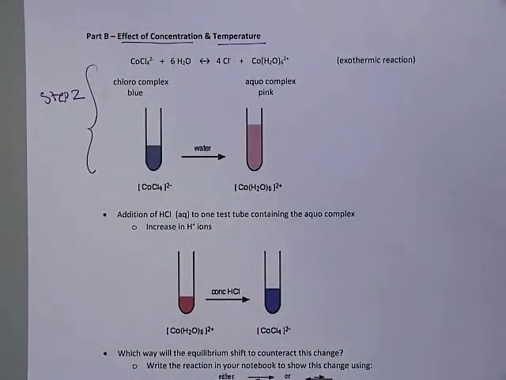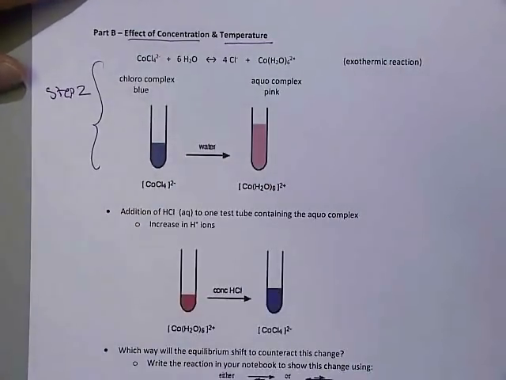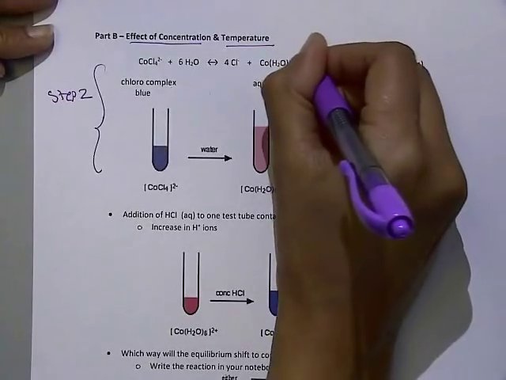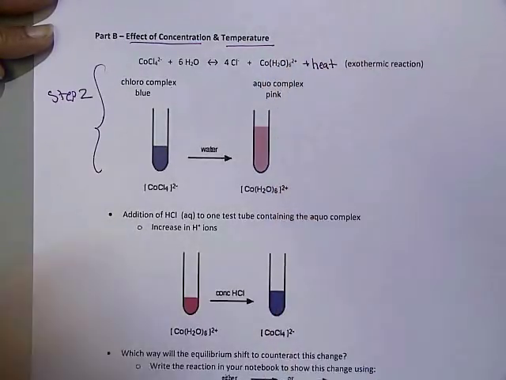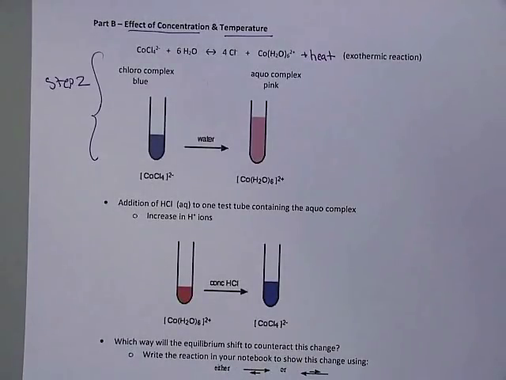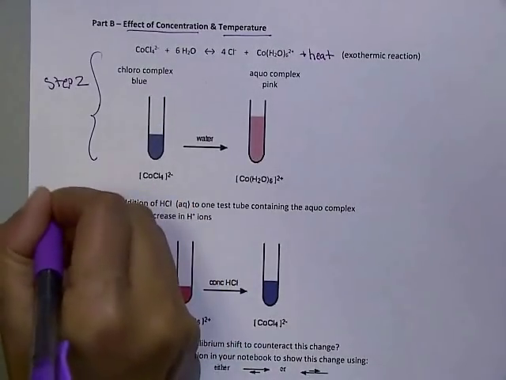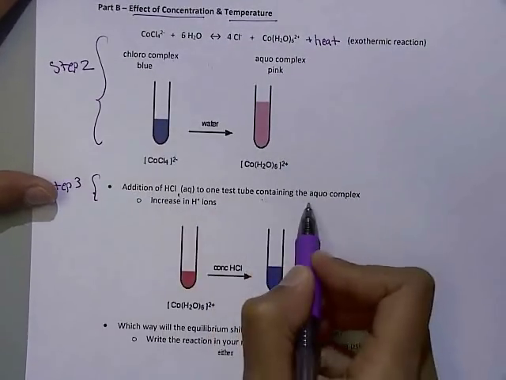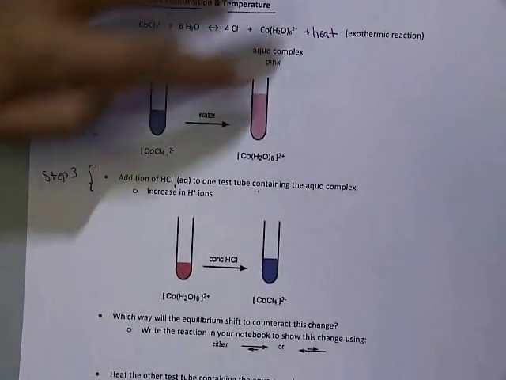Otherwise, write the colors down. So here in step 2, this reaction is an exothermic reaction, so that means we're really producing heat as a product.